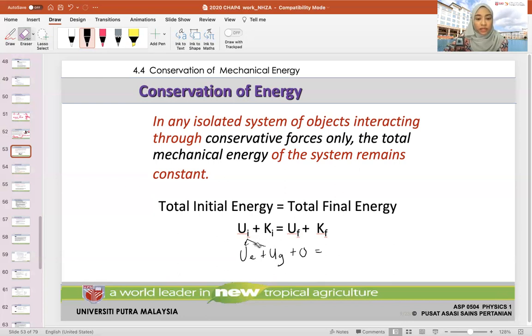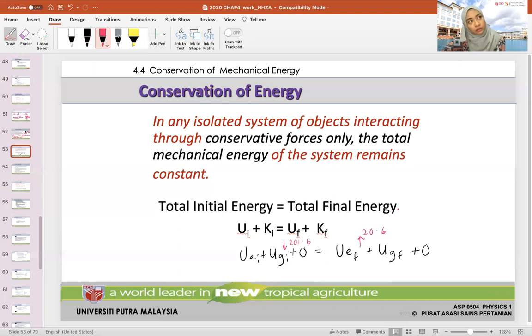But in this case, we don't have kinetic energy. We only have the change in UE. So our UE initial plus UG initial equals UE final plus UG final plus 0. So just now we saw that our UG reduced by 201.6, and then this change was picked up by our UE final by 206.1.